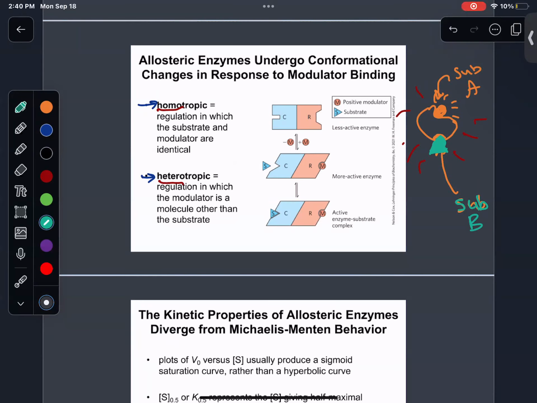If she gives you on an exam a value denoted K0.5, you're looking at an allosteric enzyme, not Michaelis-Menten, which would be Km. They're the same idea, but the nomenclature will help you distinguish between allosteric and Michaelis-Menten. That's what that slide is trying to tell you.